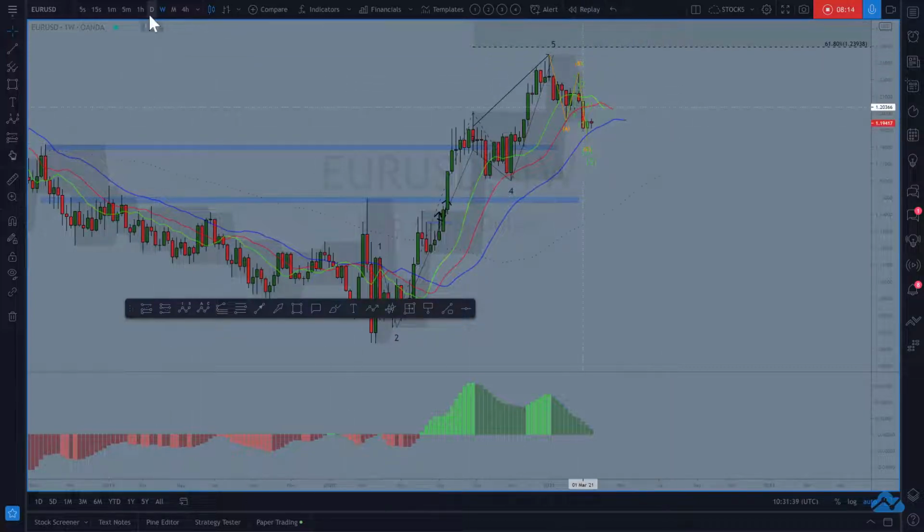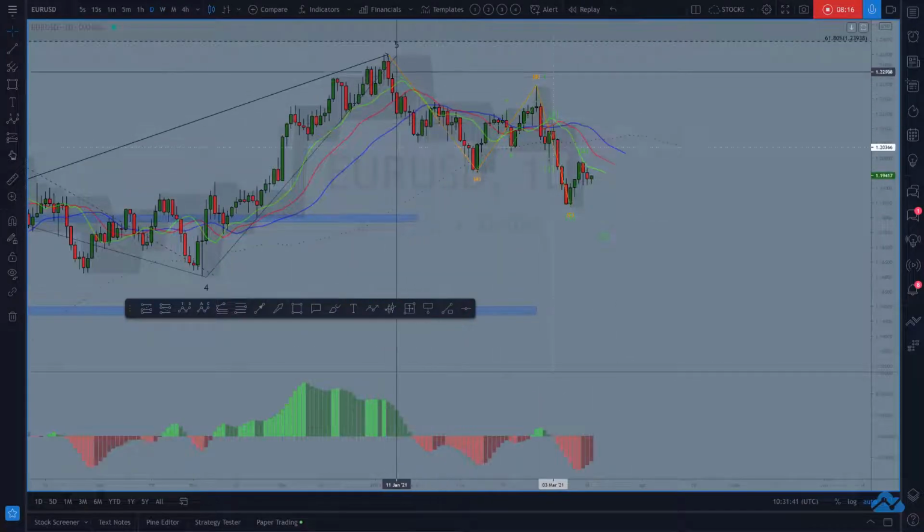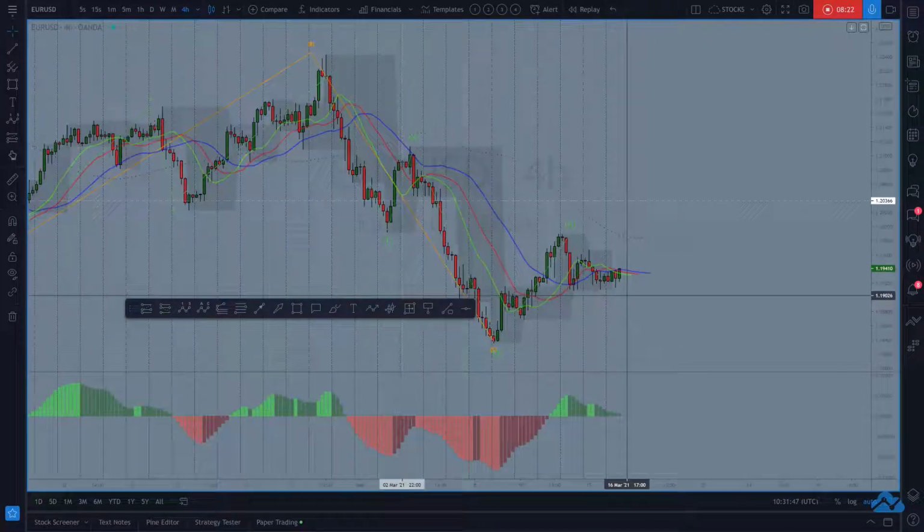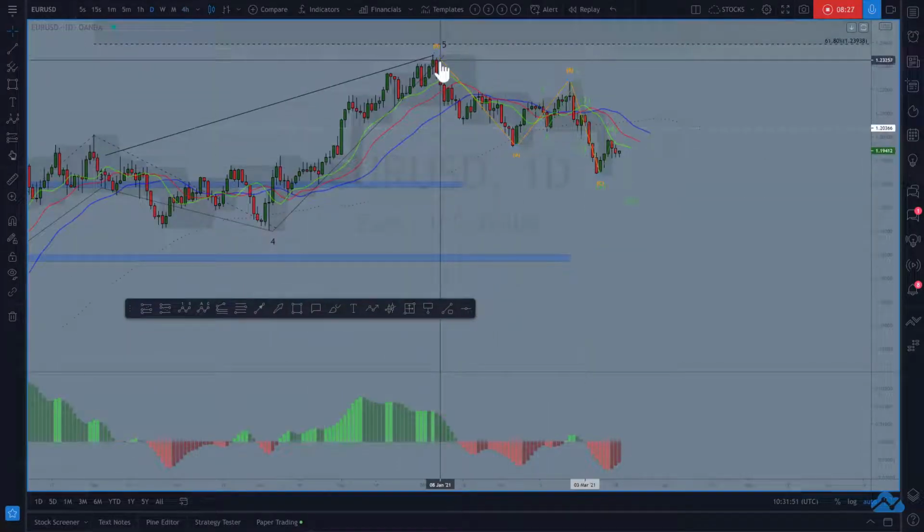So if we just restrict ourselves to the daily chart and this formation here, then we have possibly a nice setup one short available here. The only downside to that is that it is on the higher time frame in ABC. Now, why is that a downside?